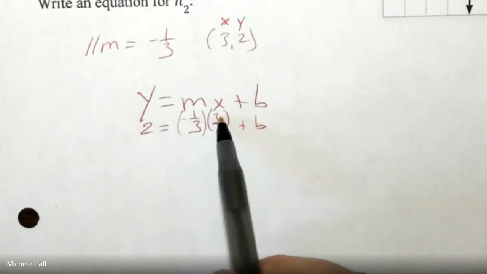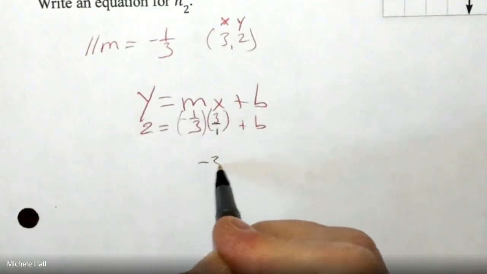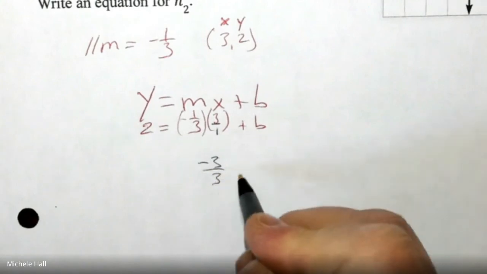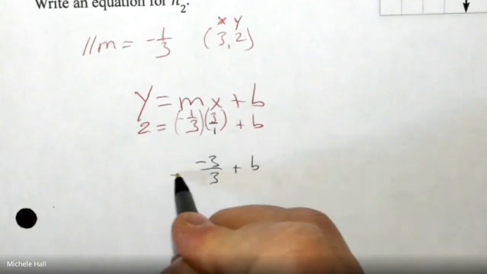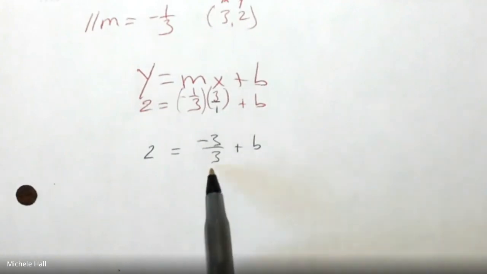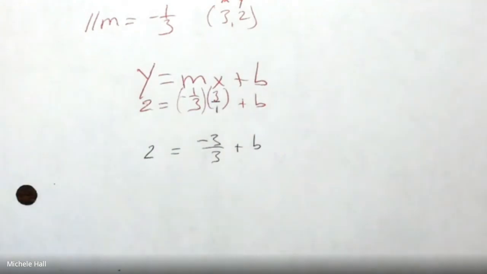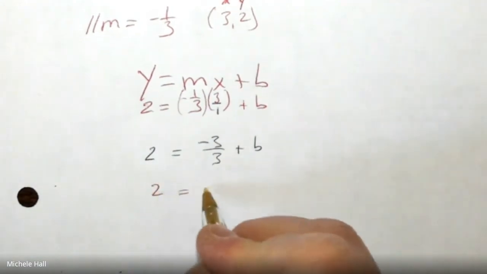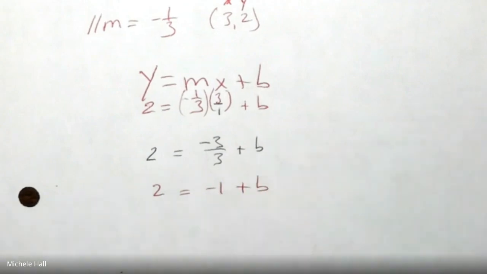We have negative 1 times 3, 3 times 1. Is that my final answer? What's your final answer for negative 3 divided by 3? Very good. All of that work for negative 1. Finish solving for B.